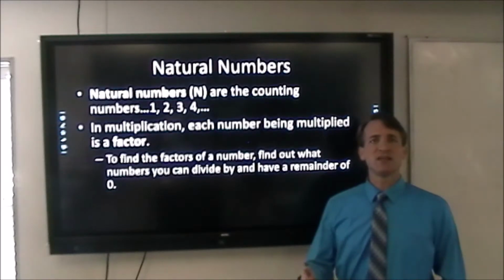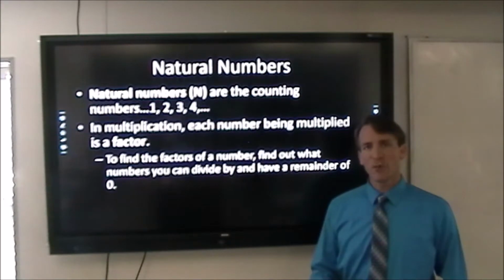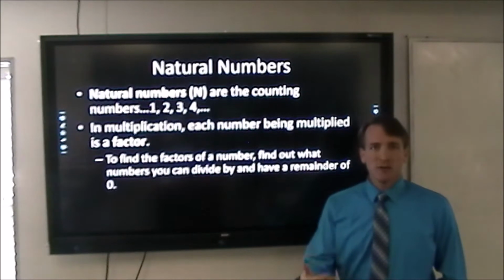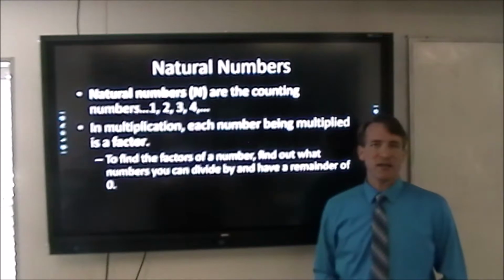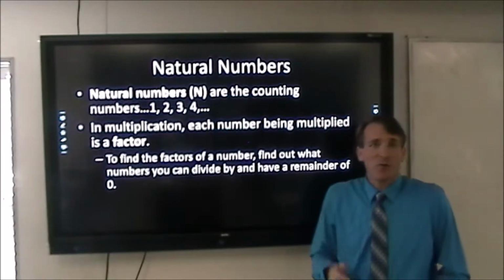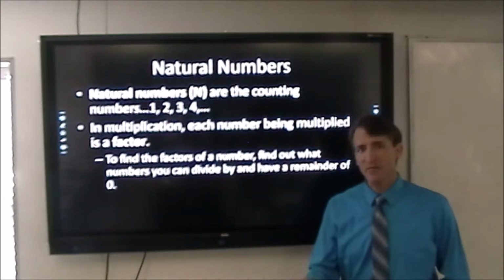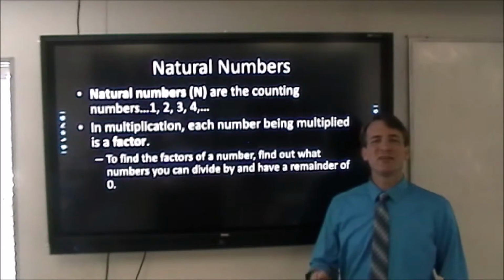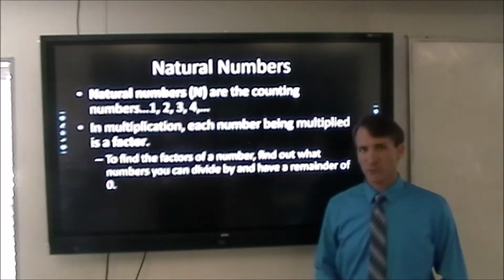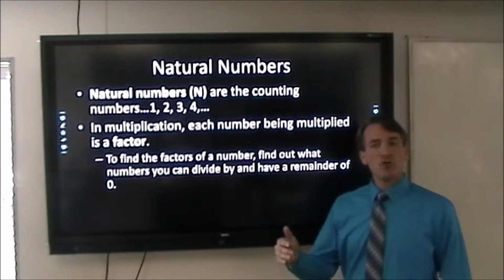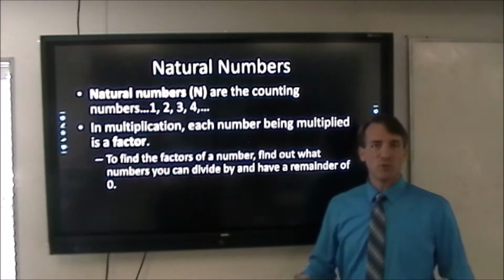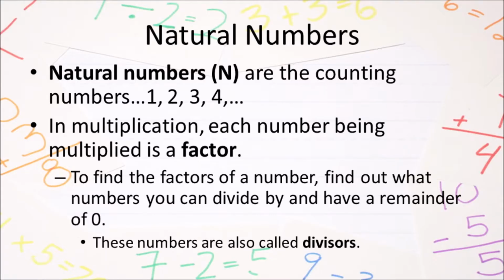So for instance, if I take 16 and divide by 4, I get 4 as my answer with no remainder. However, if I were to take 27 and divide by 4, I would get 6 with a remainder of 3. So 4 is not a factor of 27. These numbers are also called divisors.